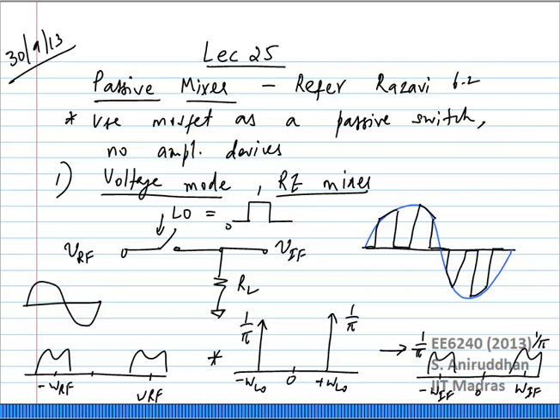All you have to do is filter out the output to get the IF waveform. The LO has multiple harmonics and you can do the full calculation, but you are interested only in the fundamentals. If you low pass filter the output and look at only the IF, you will get whatever was at the RF translated to the IF.